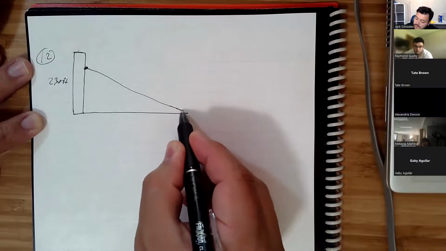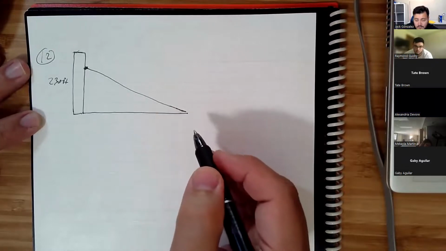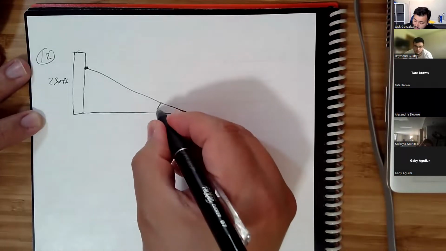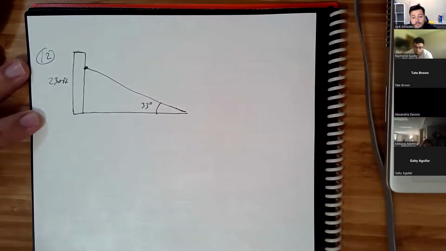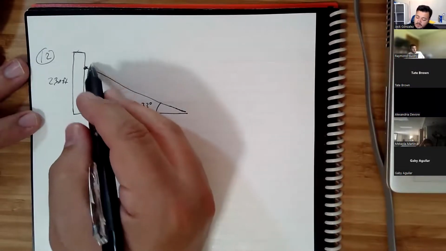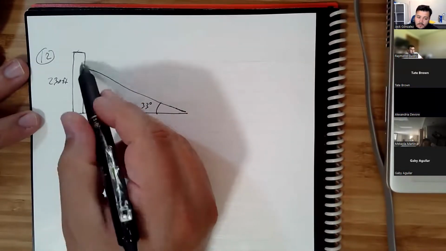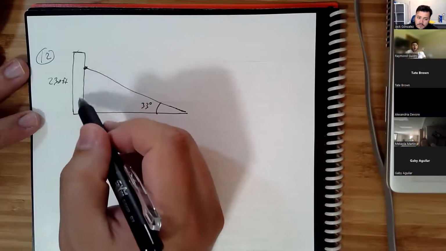And it says that it makes an angle with the ground of 33 degrees. And this is 10 feet from the top. How big is this side of the triangle? How tall is it?